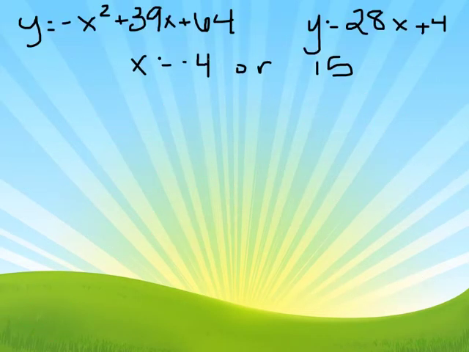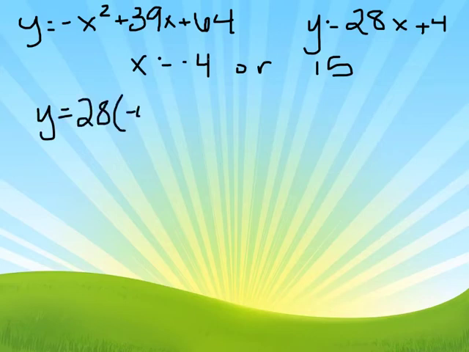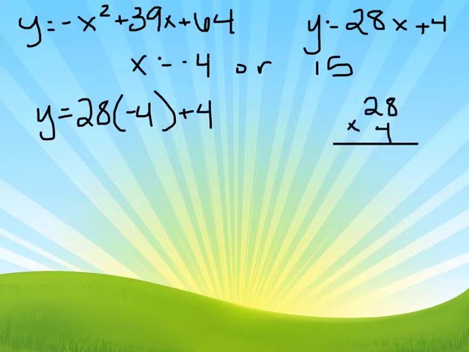In the last slide, this is where we ended, x equals -4 or 15. But remember, I said these solutions will always be in a coordinate pair. So now we need to solve for what y would be. We're going to plug it in. I'll pick one of the equations, maybe the first one. y equals 28 times -4 plus 4. 28 times 4: 8 times 4 is 32, 4 times 2 is 8, plus 3 is 11.